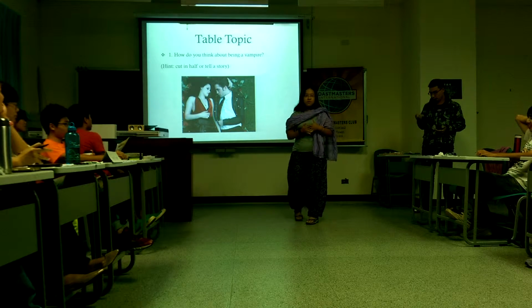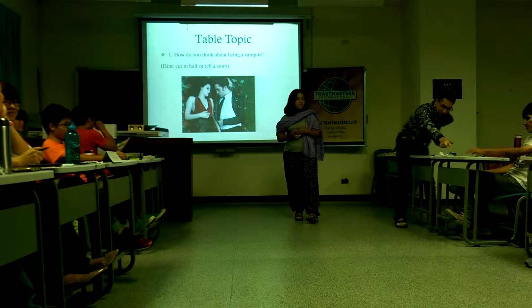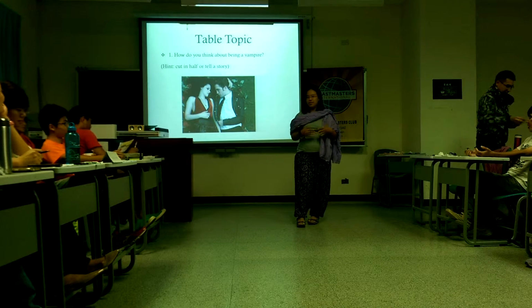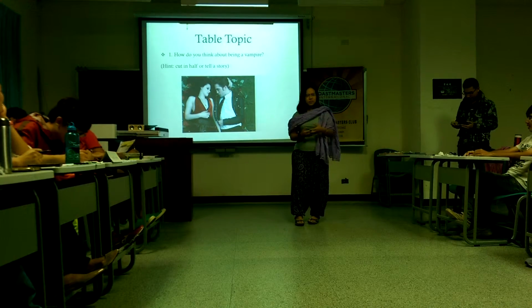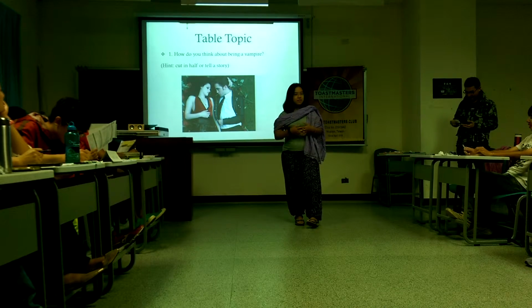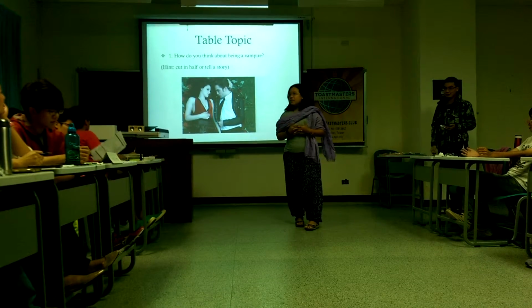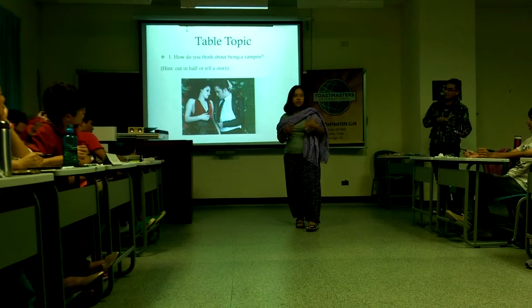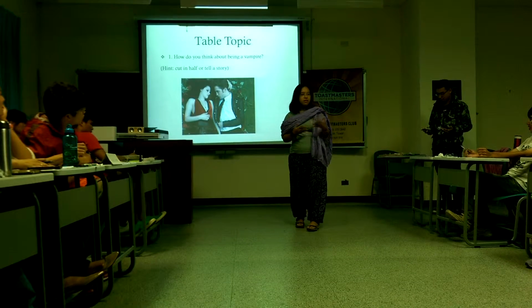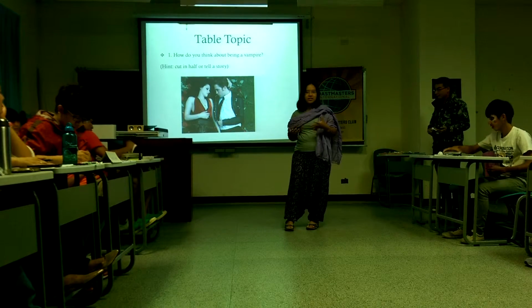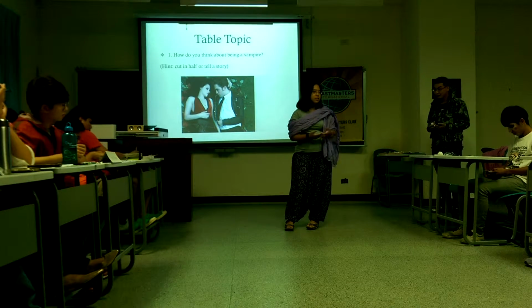Being a vampire, I think there was something about a vampire from a novel, a famous novel called Twilight. Never mind, I think maybe you know it. And I think it's talking about how vampires will never die. But if their body is cut into pieces, they will die.